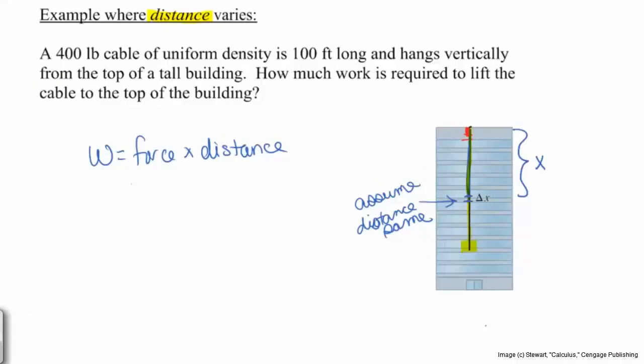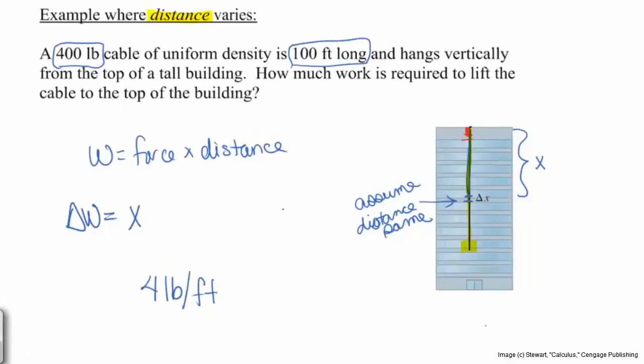Now the whole cable is 400 pounds though. So if we're trying to find the little bit of work done on that little distance delta x, the distance you're going to have to lift it up is going to be x, let's say that. And then how much is that little bit going to weigh? Well, 400 pounds of cable is 100 feet long. That means that this cable is 4 pounds per foot.